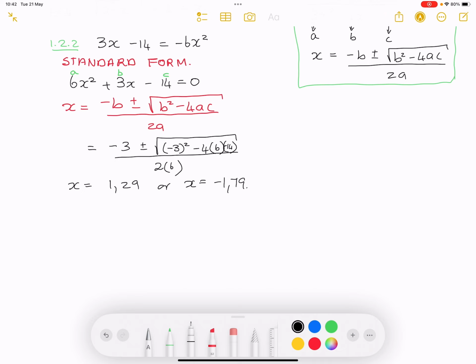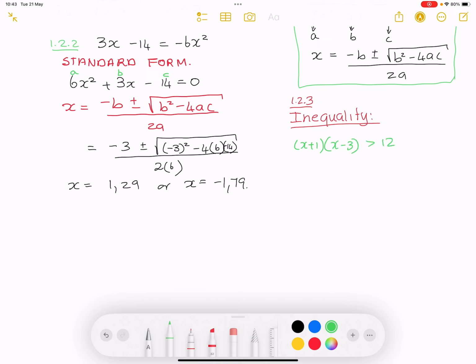Now we come to the next question. The next question is an inequality. That is now question 1.2.3. So the inequality is x plus 1, x minus 3 greater than 12.